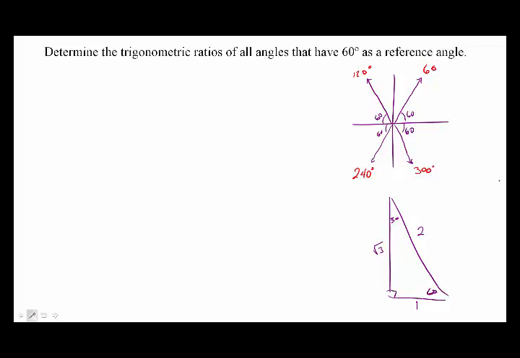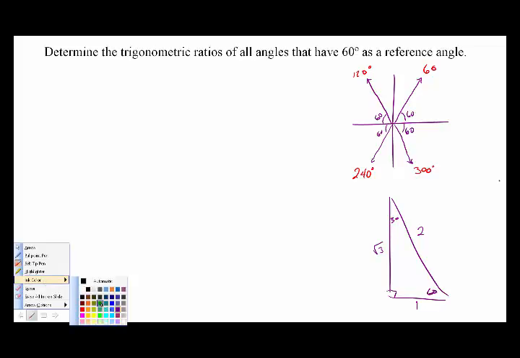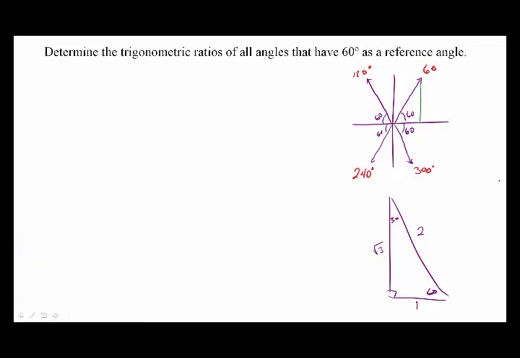So in here, if I were to bring this down, that's my 60-degree angle. It's the same as this. How big is this right here? That's 1. This length is? Square root of 3. All right? I had to rotate the triangle.